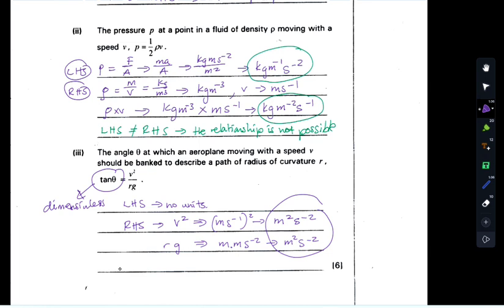So at the end of the day, there are no units on the right hand side either. In other words, the left hand side is equal to the right hand side, so the relationship is possible.